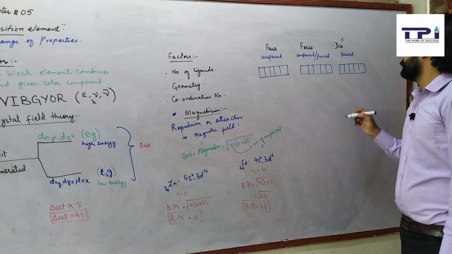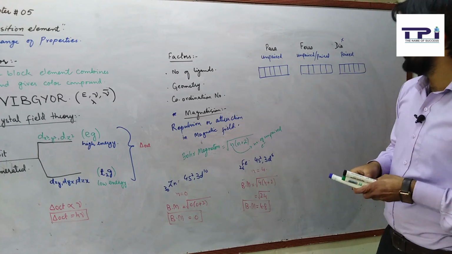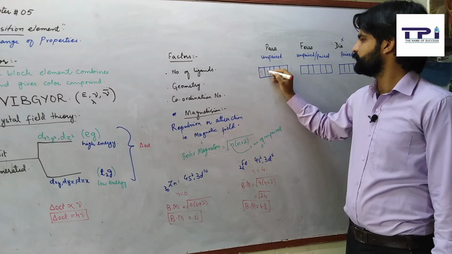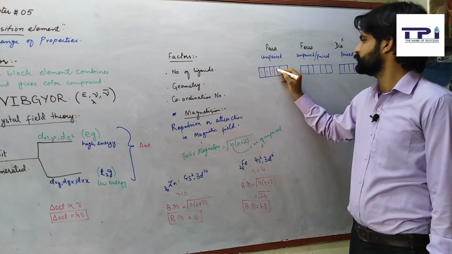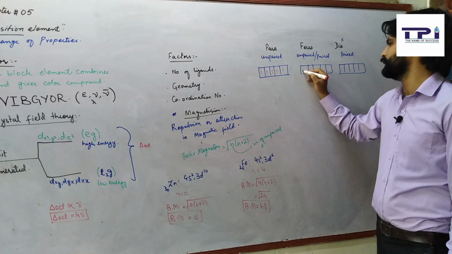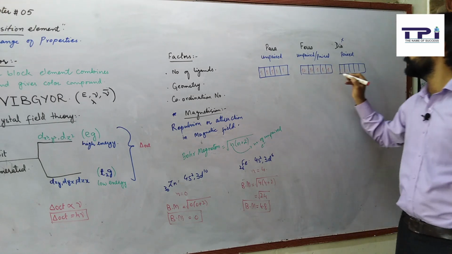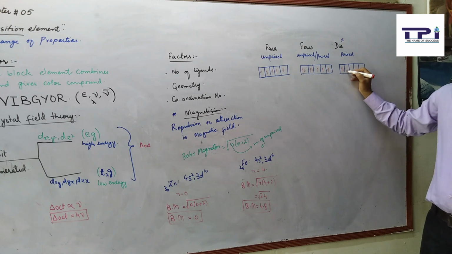I have divided D into 5 degenerate orbitals. Paramagnetism tells unpaired 1, 1, 1, 1. Paired and unpaired. Paired, paired, unpaired, unpaired, unpaired. Paired.